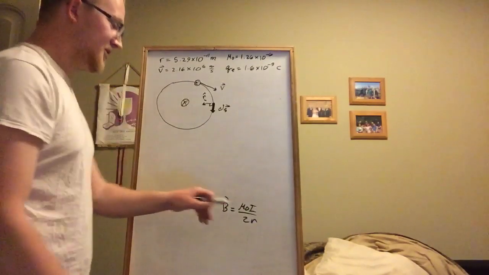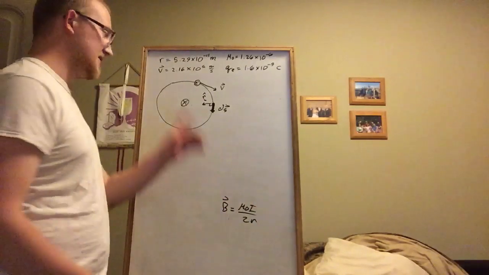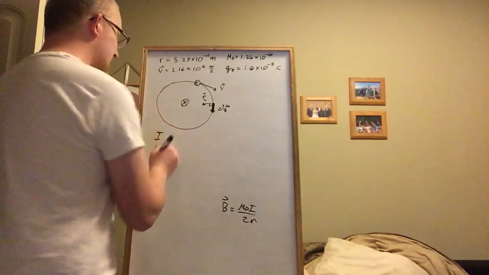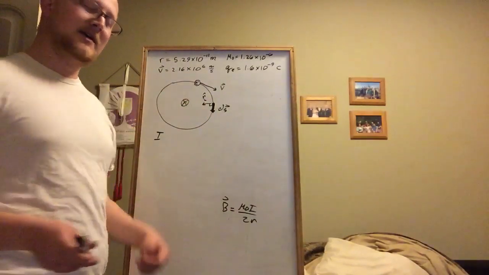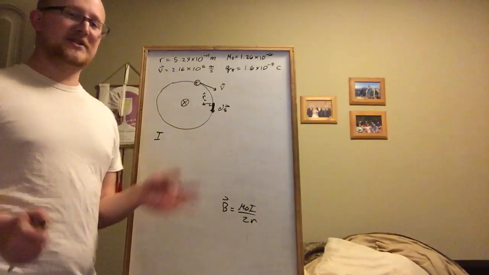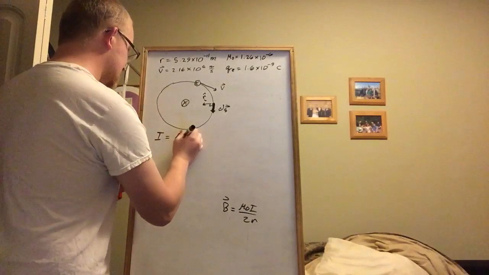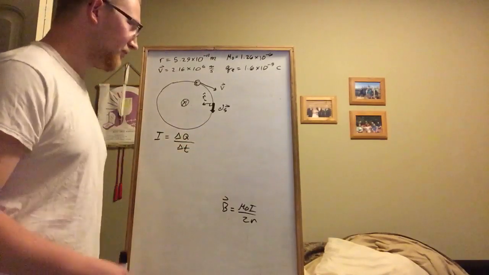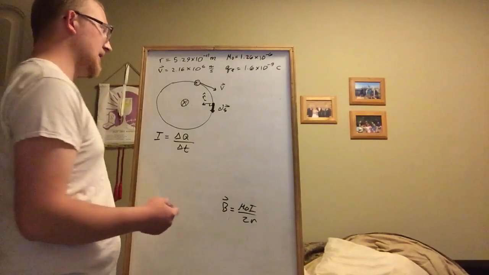We know mu sub naught, we can look it up. We know 2, and we know r. R is given, so all we need to solve for is I. In a system that's not changing velocity, in other words with no tangential acceleration, and of course it has centripetal acceleration but that won't matter, the current is going to equal big delta Q over big delta T, which is coulombs per time.